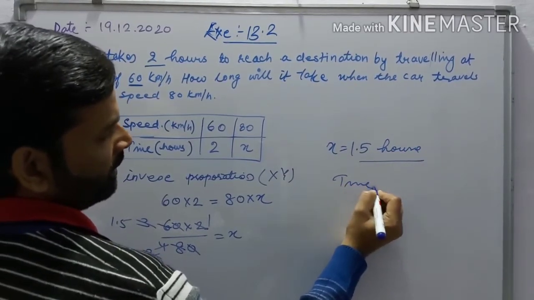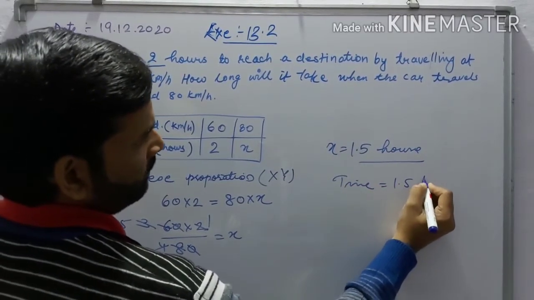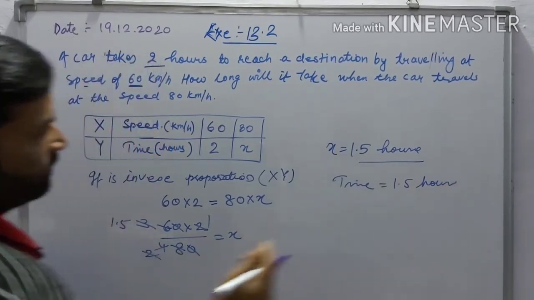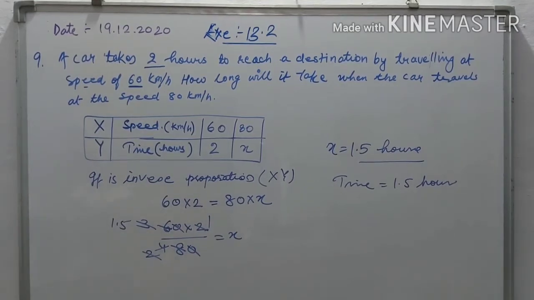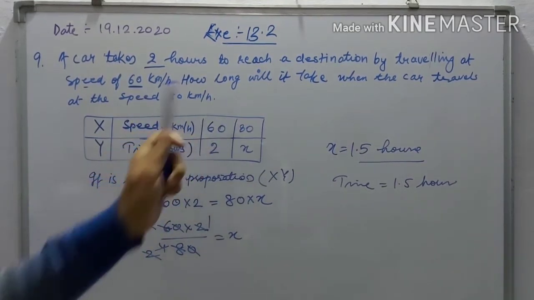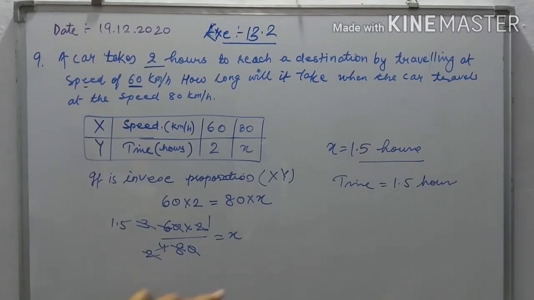Actually, time is equal to 1.5 hours. First the speed is 60 km per hour and the time is 2, but when speed increases to 80 km per hour, the time will be 1.5.